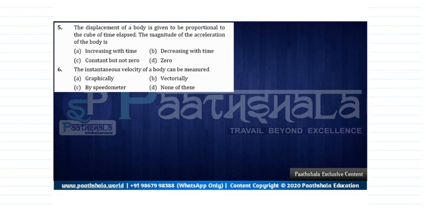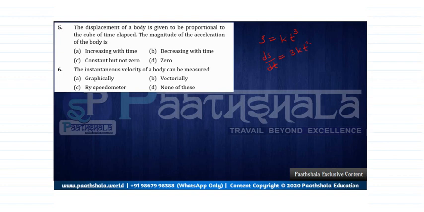S is proportional to the cube of the time elapsed. So I can write S is equal to kt cube, where k is a constant. If we take its double derivative, that is ds upon dt, it will give me 3 kt square, and this is the velocity, but we need the acceleration.